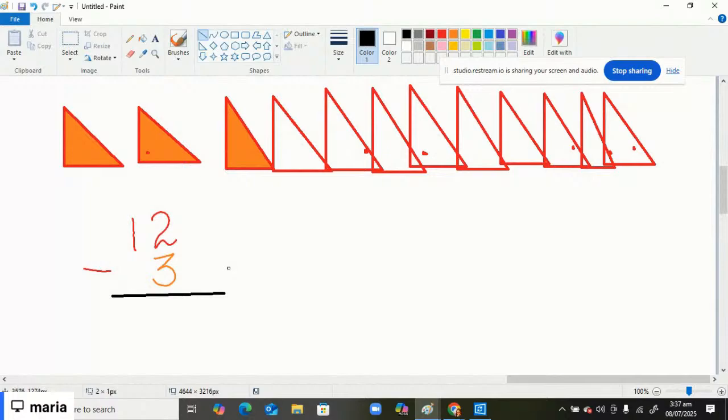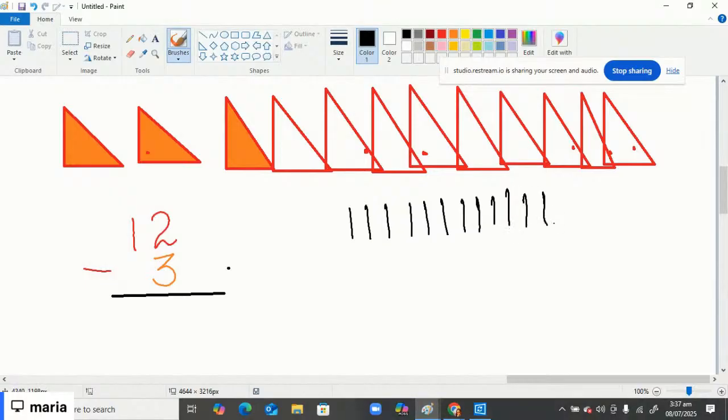You're going to subtract these two, okay? 12 minus 3. Let's draw the 12 lines. 1, 2, 3, 4, 5. So draw 3 lines. 1, 2, 3. How many left? 1, 2, 3, 4, 5, 6, 7, 8, and 9. So the total is 9. Okay?